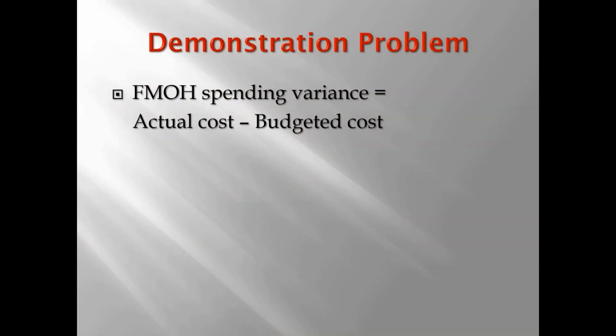What if we were interested in finding the fixed manufacturing overhead spending variance? The formula is the difference between the actual cost for fixed manufacturing overhead and the budgeted cost.